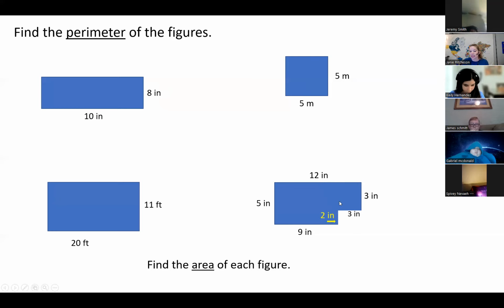So once we divided it into 2 rectangles, we kind of thought of this side as 2 separate dimensions. So we use 3 by 3. So there's part of the 12. And then for the other rectangle, we use 9 and 5. So we agree that 9 plus 3 is 12, right? But when we're talking about area and we split it up, you're not using a 12 to find the area. Does that make sense? I made that very complicated, didn't I? So we use the 12 to find perimeter, but not the area.